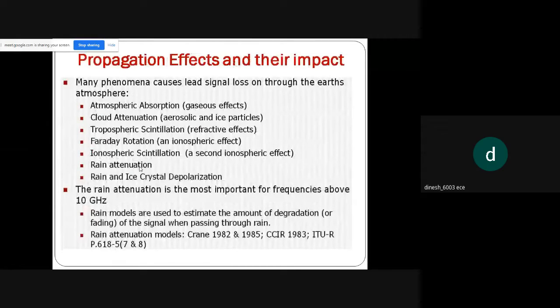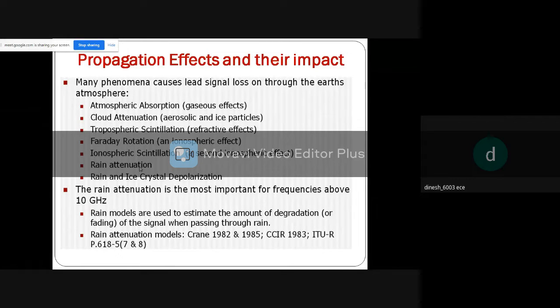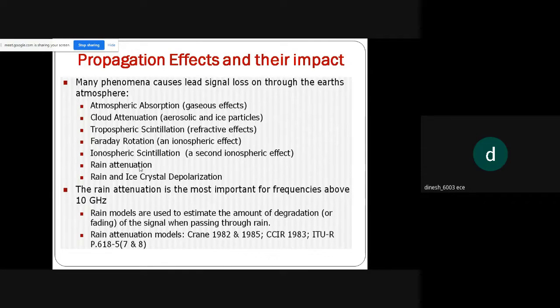Okay. So the propagation effects and their impacts on the satellite are to be considered. Why? Because this lays the basic fundamentals of the communication link.